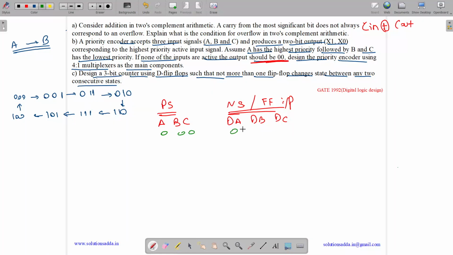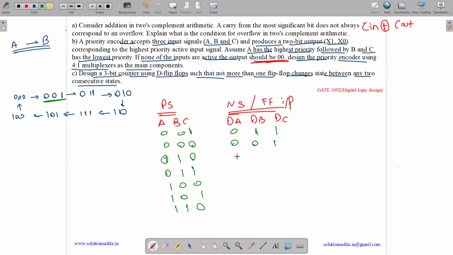Next state is 001. From 001, next state is 011. For 010, then we have 011, then we have 100, then we have 101, then we have 110.